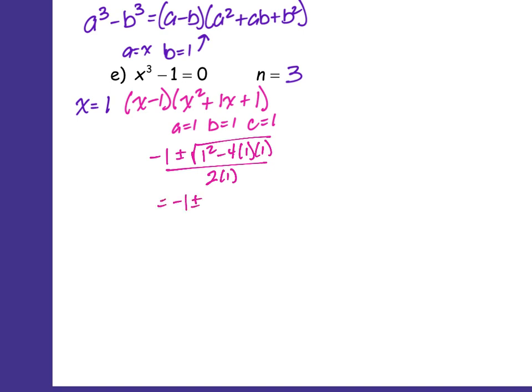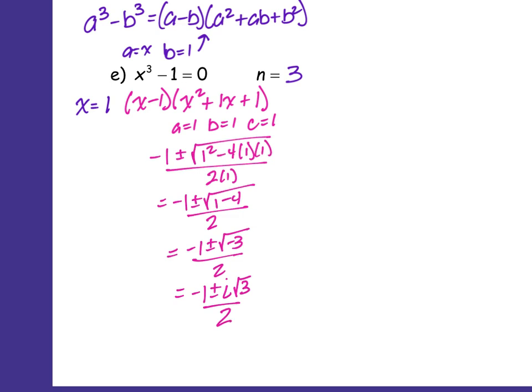Minus 1 plus or minus the square root of 1 minus 4, all over 2. So negative 1 plus or minus the square root of negative 3, divided by 2. Or negative 1 plus or minus i root 3, divided by 2. So there's my 2 imaginary roots and my real root.